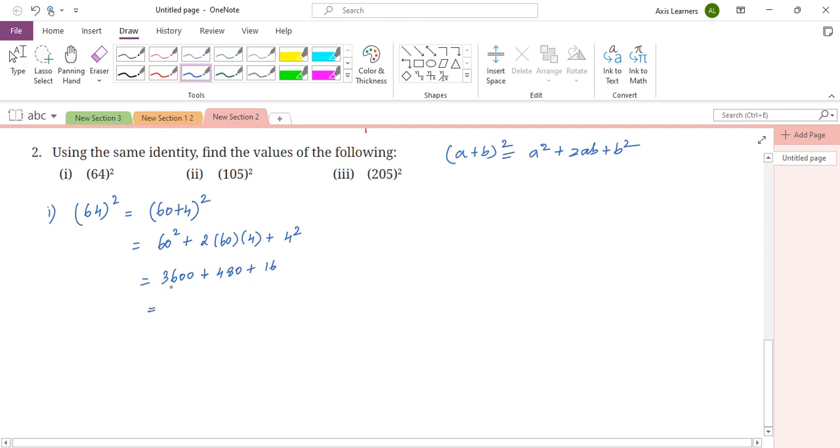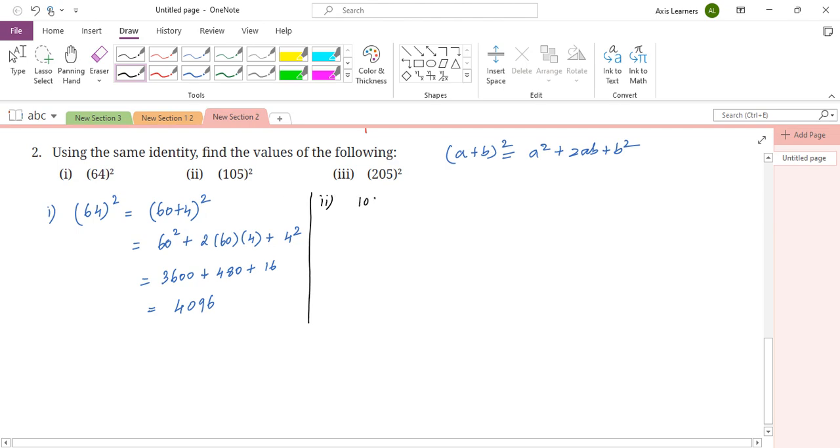Now we can add this: 3600 plus 480 equals 4080. 4080 plus 16, 4096. The first one answer is 4096. So we completed the first one. We will move on to the second one. Since these questions are simple, I didn't give any quiz question from the second one.